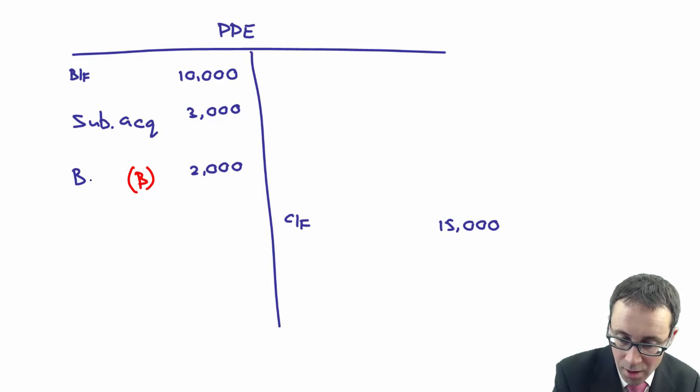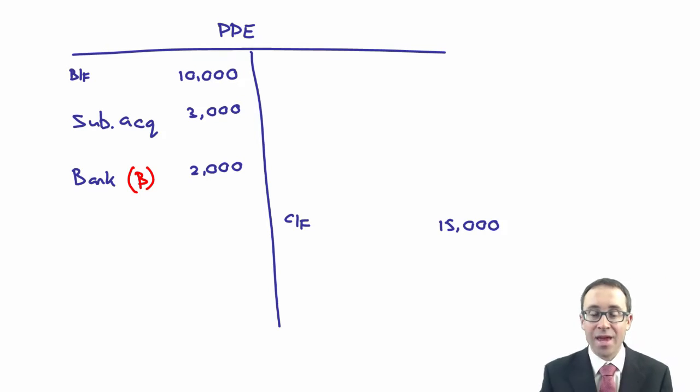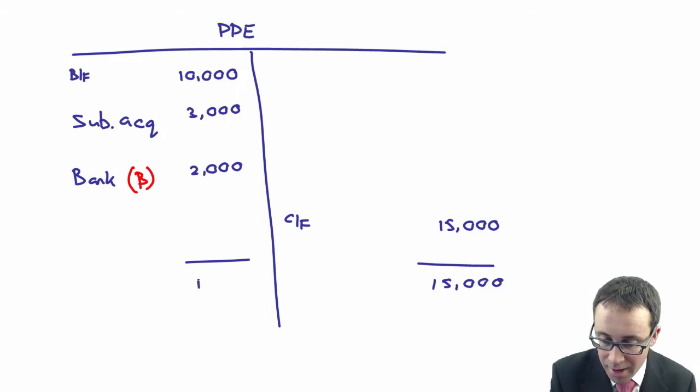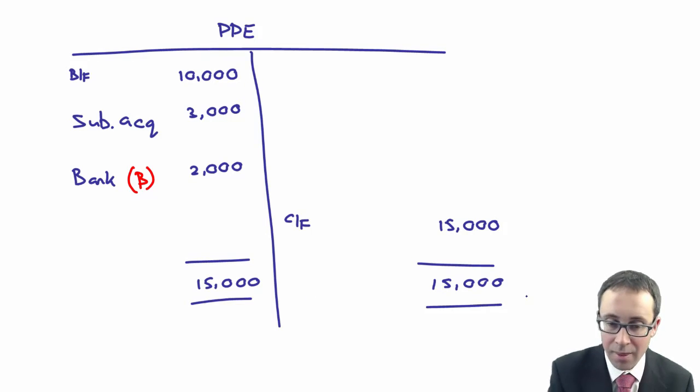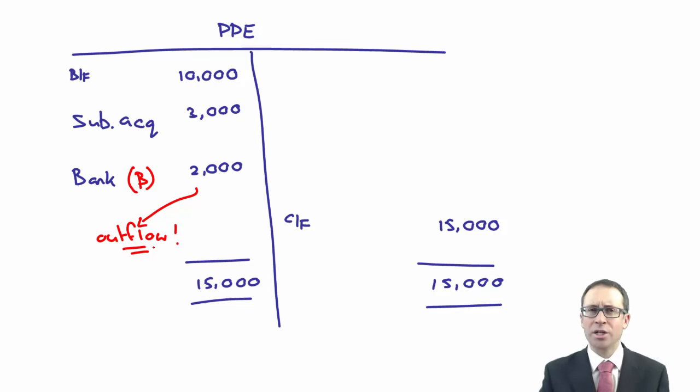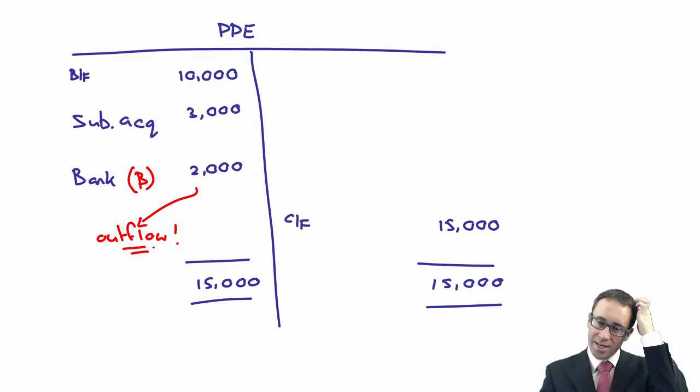And that must be whereby we've credited the bank and debited property, plant and equipment. Okay. And if we've credited the bank, then that is because we have purchased it, and that must be an outflow, mustn't it? Much easier to understand, I think, with T accounts.